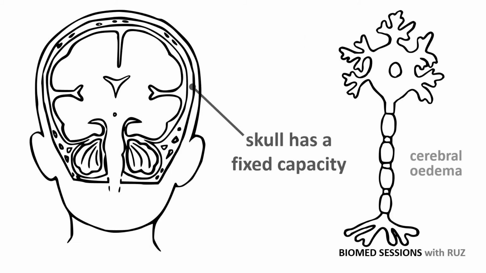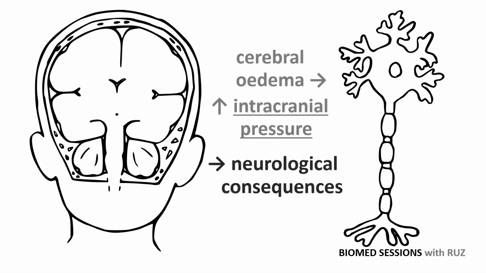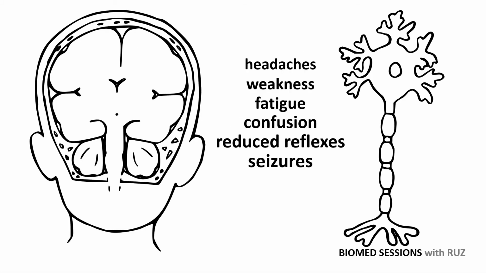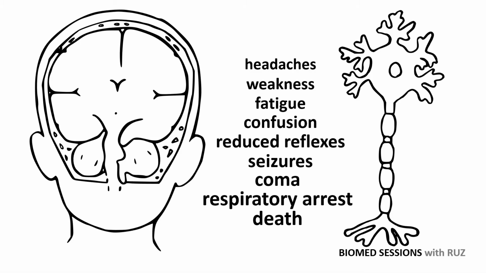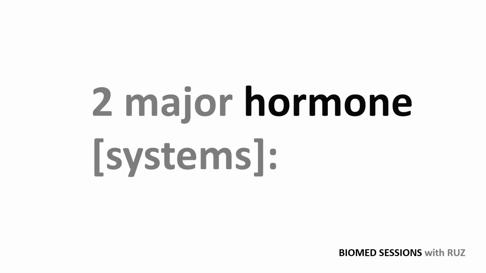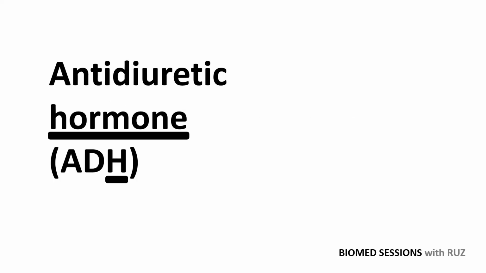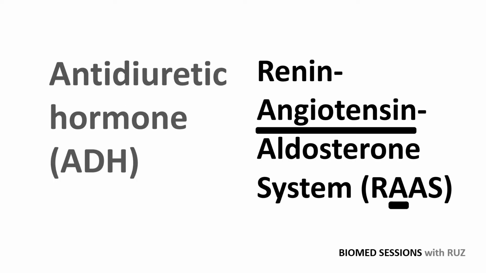This is because the skull only has a fixed capacity and cannot accommodate excess swelling without neurological consequences. And if the intracranial pressure continues to build up, the brain can herniate through the base of the skull, leading to coma and death.